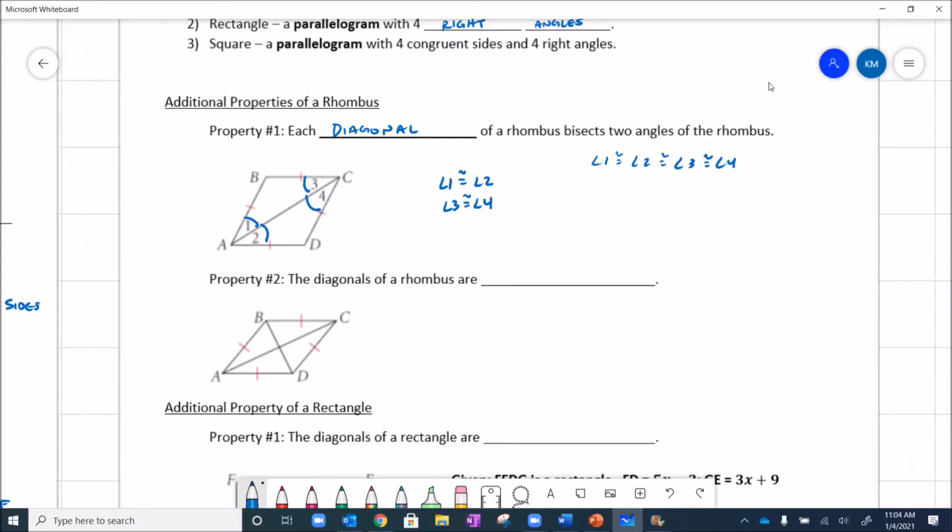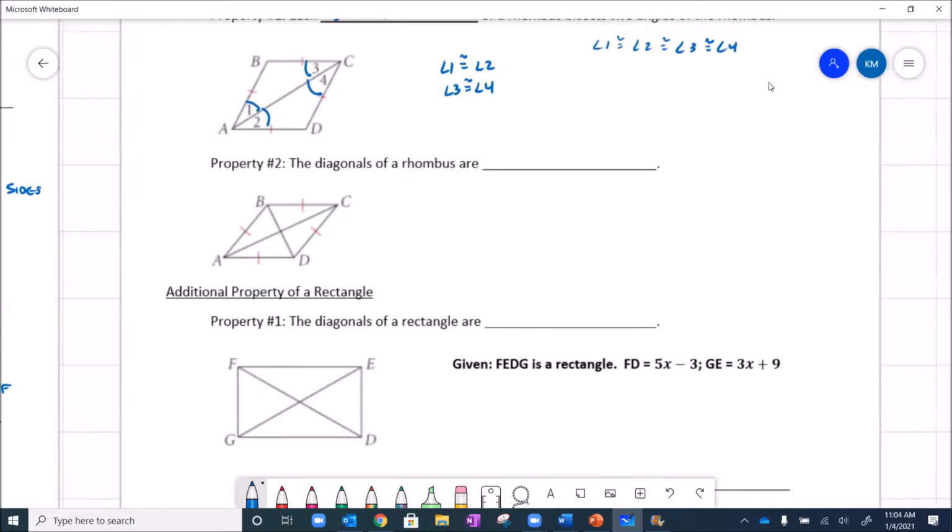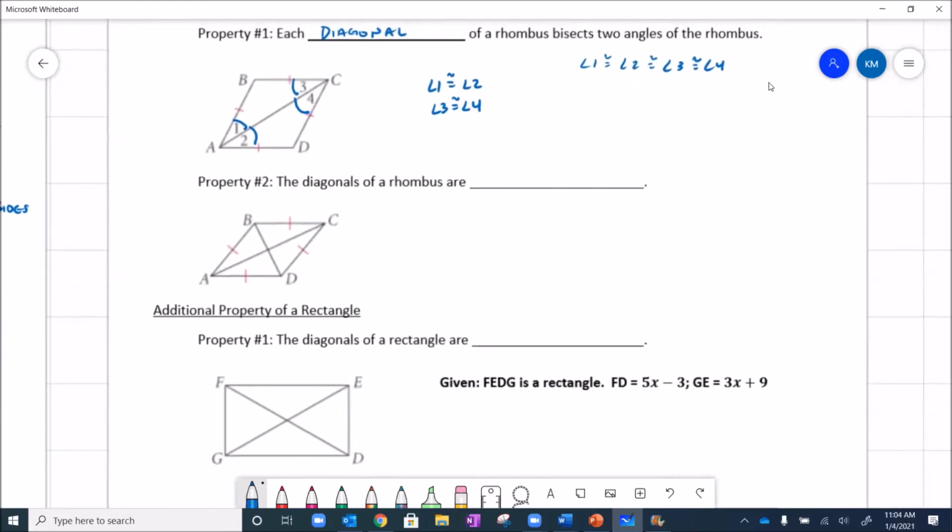The second additional property of a rhombus is that the diagonals of a rhombus are perpendicular. So we see that AC is perpendicular to BD, creating 90-degree angles all around there.